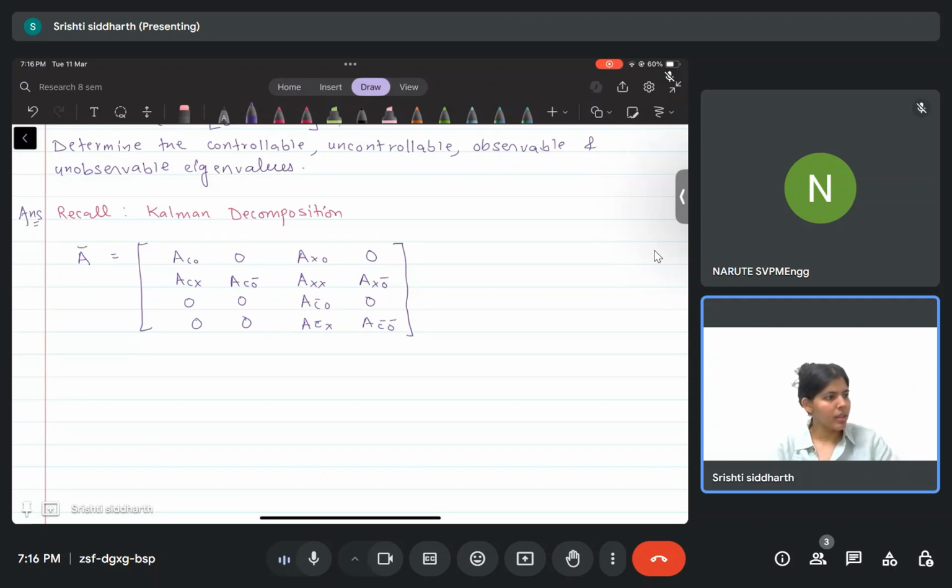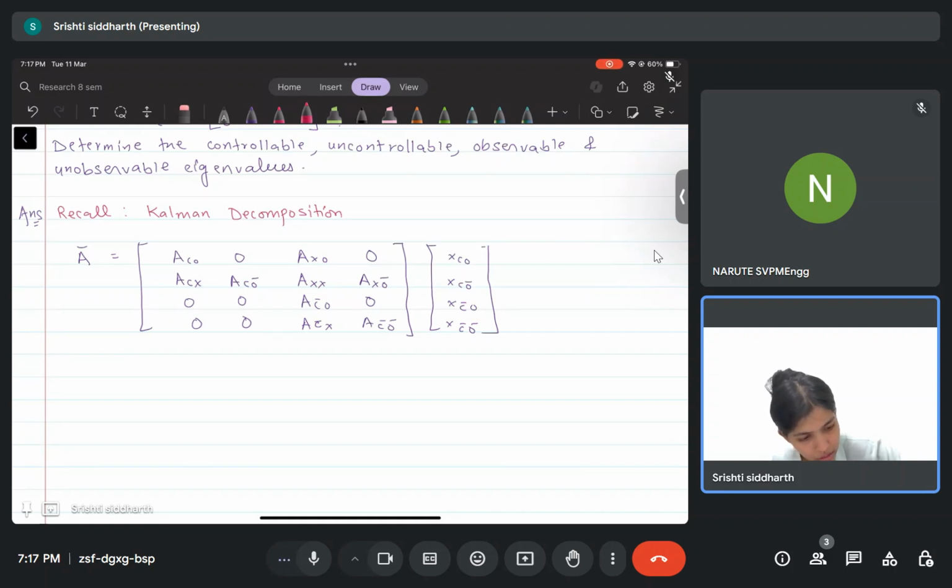So you can see that this is multiplied in the differential equation by XCO, XC bar, XC bar O, and XC bar O bar. So O bar means that the system is unobservable, C bar means that the system is uncontrollable.